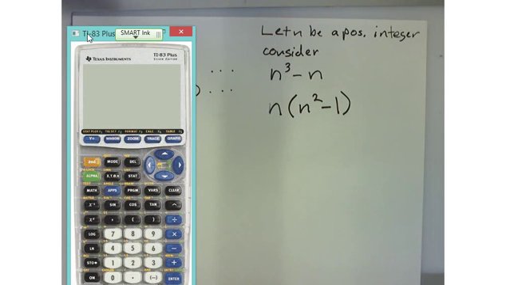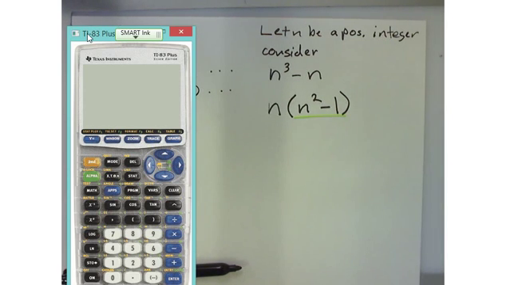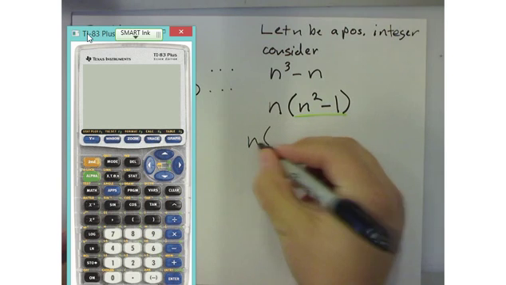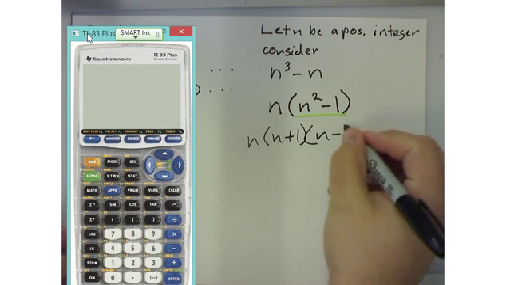Are those two equivalent statements? Do you guys agree with that? Now, what do you notice about this stuff right here? That's a special case. Does anybody know what that is? Difference of squares, which factors to n plus 1 times the quantity n minus 1.